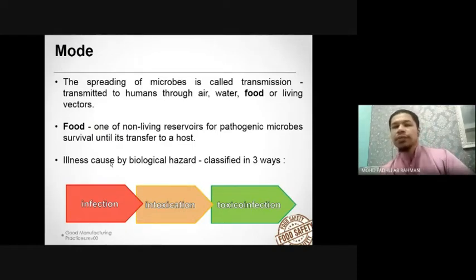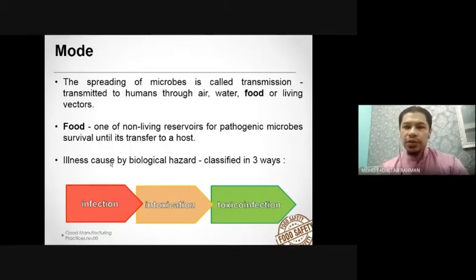There are living vectors, and there are living reservoirs and non-living reservoirs.